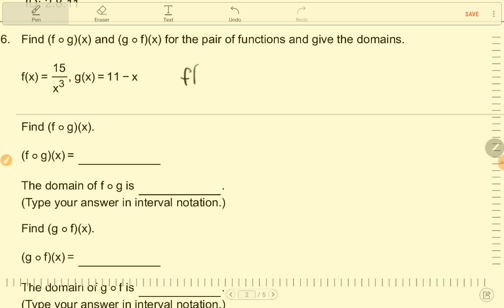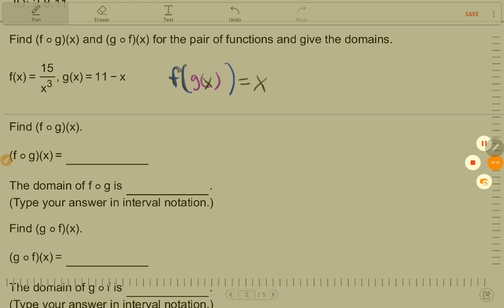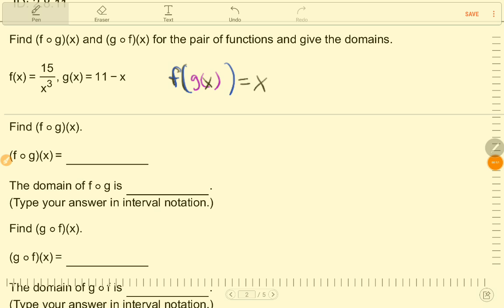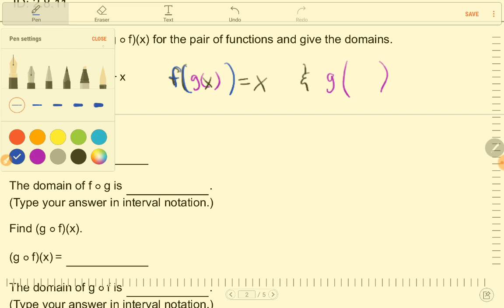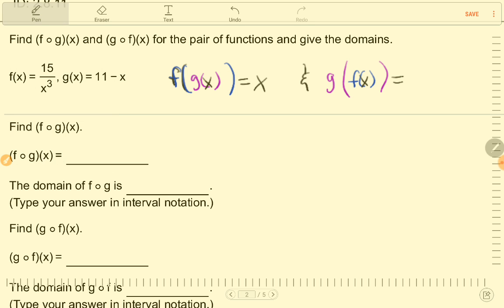If you compose f of g of x and it simplifies down to x, and also when you go the other direction and you do g of f of x, and it results also in simply x, when both of those are true, they have to both be true, then f and g are inverses of one another.